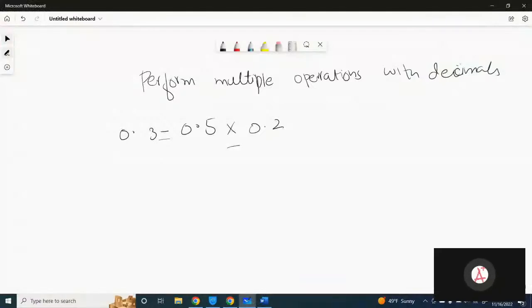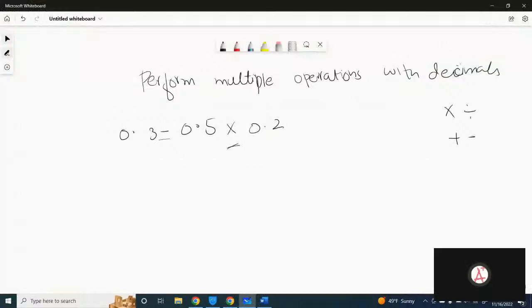So which operation you have to perform first? You have to do multiply and divide first, then you have to add and subtract. Got it? But if you have multiply and division in the same question, then you have to do from left to right. Got it? So here you have to do multiplication first. Got it?